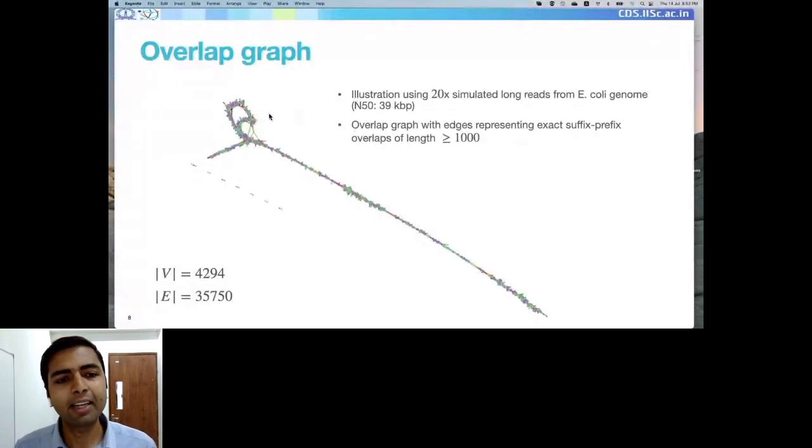So you see that the graph is not clean. We don't observe a clean assembly in this graph because, as I said, overlap graphs contain a lot of redundant and false connections. The number of vertices is about 4,000, and we have about 35,000 edges in this graph.